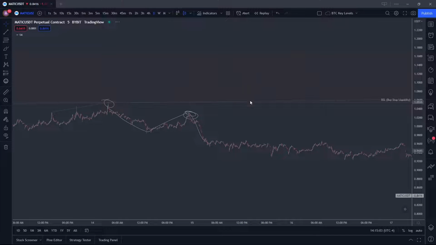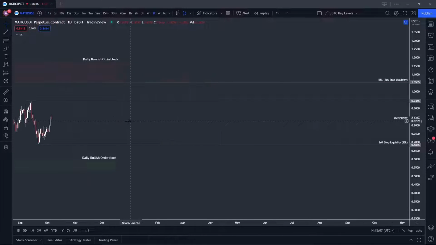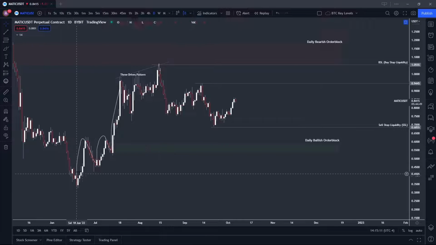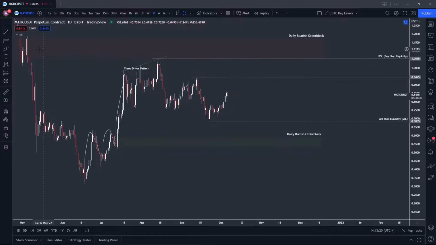So let's go back to the daily. So that is how this order block trade played out. And if I were to give another example of how the next one might play out, it's like this. Once again, we have a break of structure.